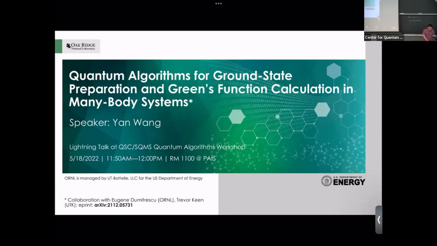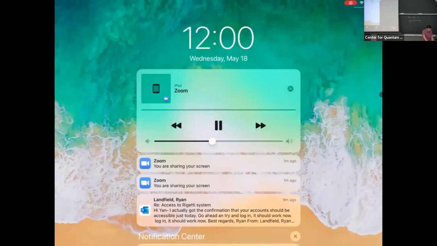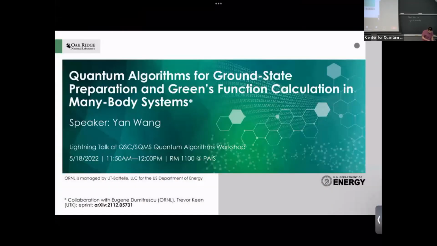Since this is a lightning talk, I will just show you the essence of the algorithm, and the actual bounds and numeric simulation can be found in this publication, the preprint of this one.